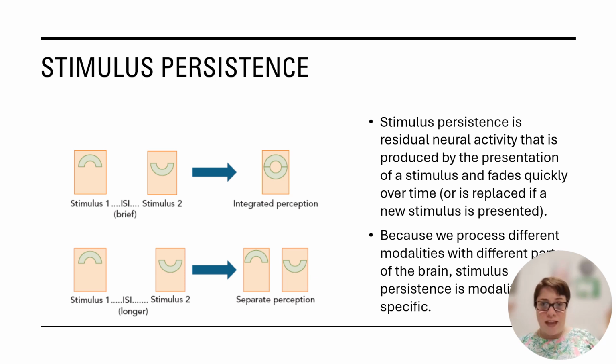It's the idea that what we experience as iconic memory is residual neural activity that is produced by the presentation of a stimulus and fades very quickly over time. And because we process modalities with different parts of the brain, stimulus persistence is modality specific.